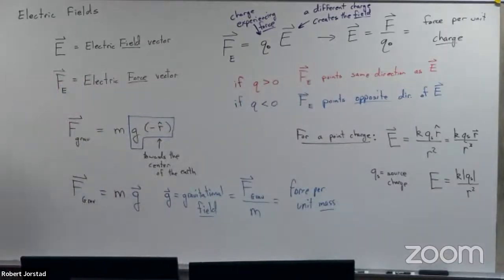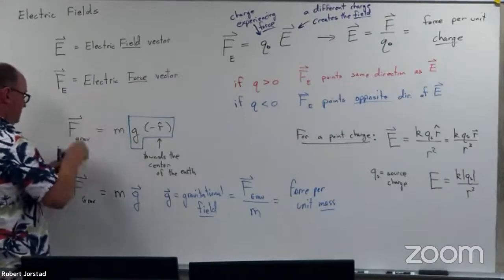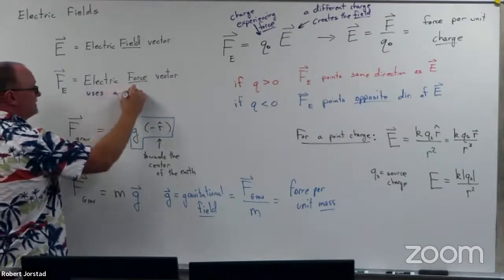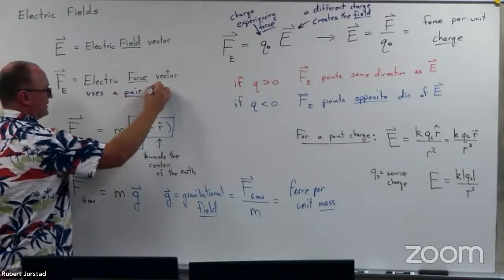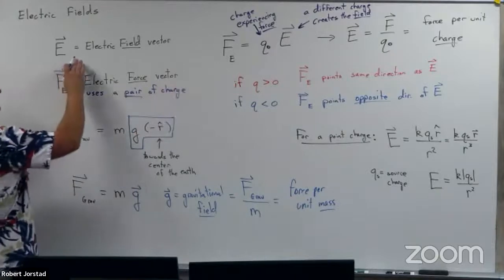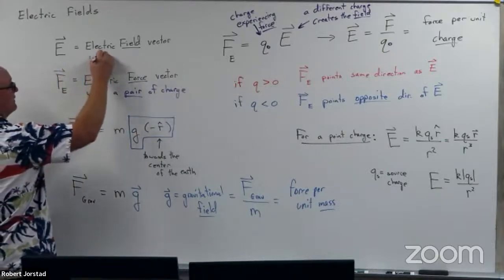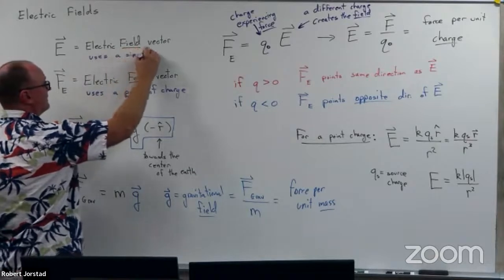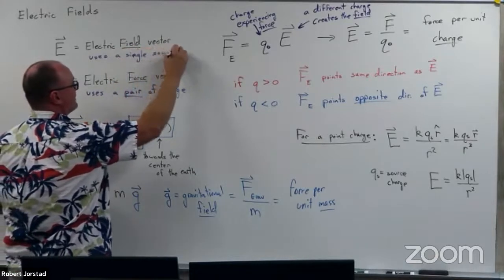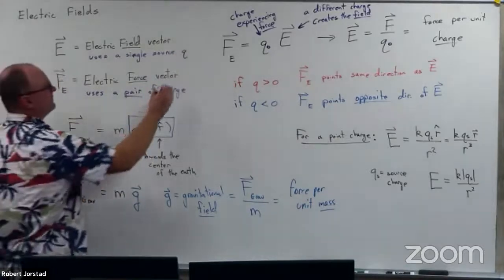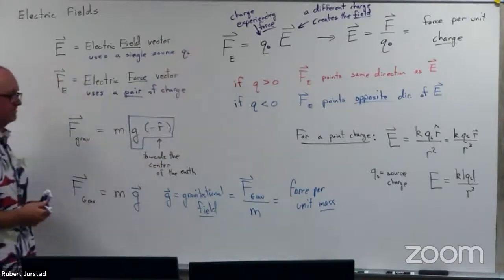And I just want to drive this home even more. The force uses a pair of charges. The electric field uses a single source charge. I'll call that Q sub S.